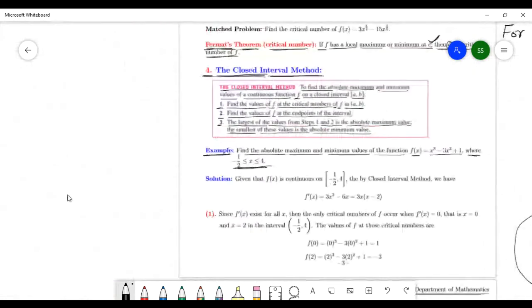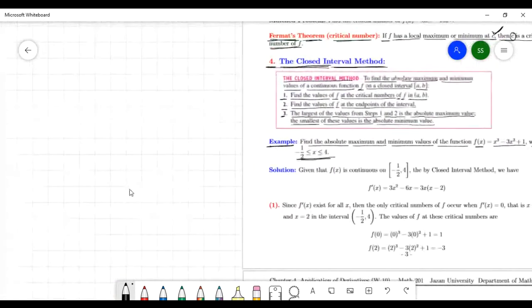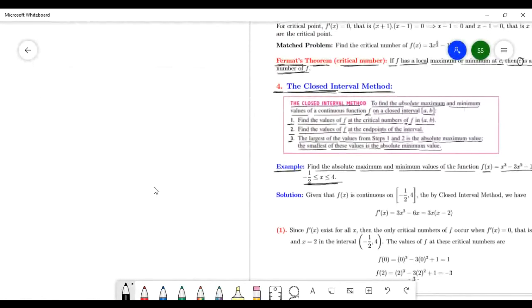See this question here. I am explaining this example. Find the absolute maximum and absolute minimum values of the function. The function is f(x) = x³ − 3x² + 1.